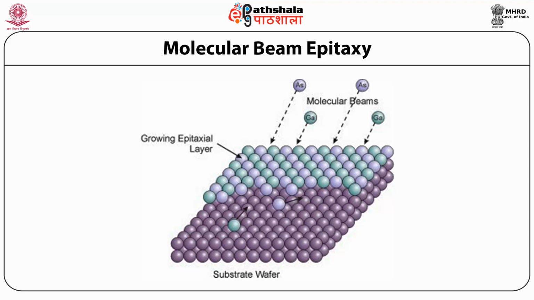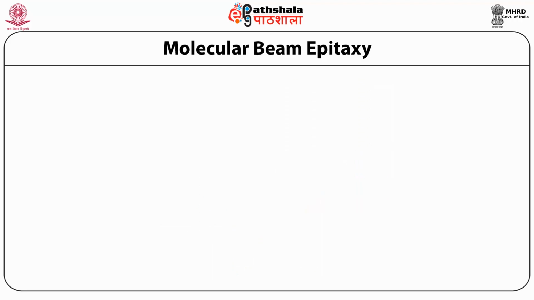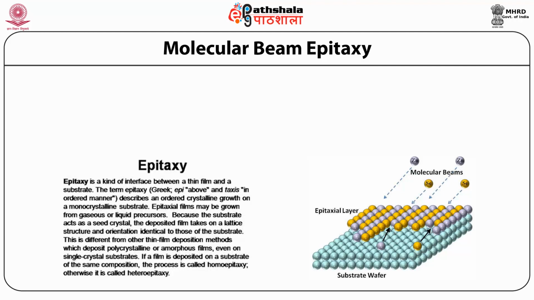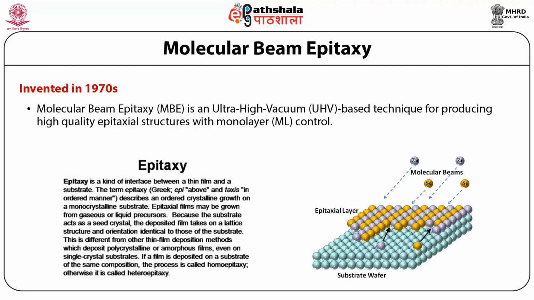As you can see over here, as its name suggests, it is basically used for growing epitaxial thin films. Molecular beam epitaxy was invented in the 1970s, and MBE is an ultra high vacuum, that is UHV based technique for producing high quality epitaxial layers or structures with monolayer control.